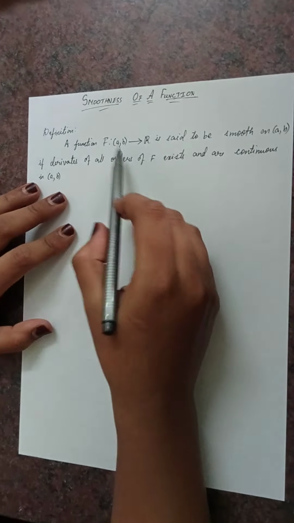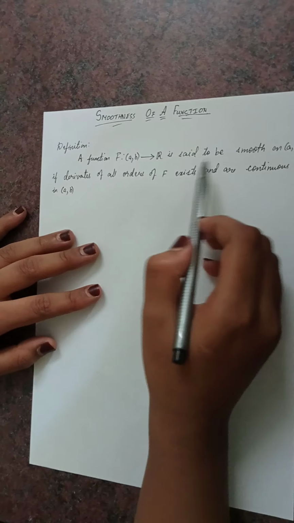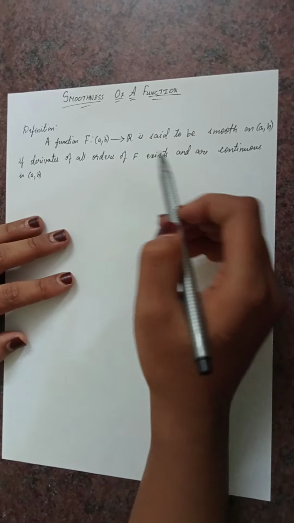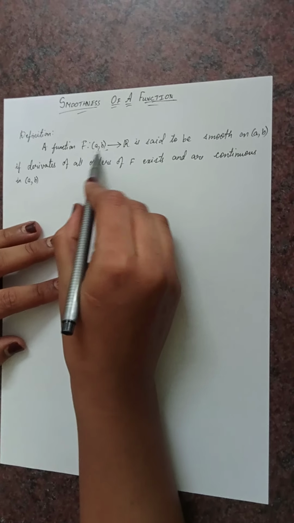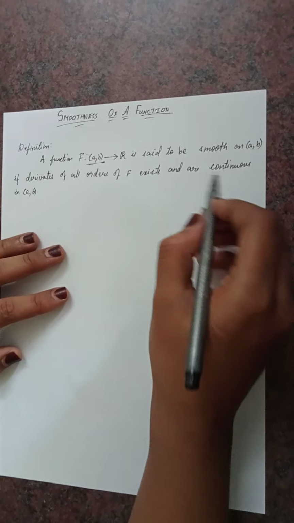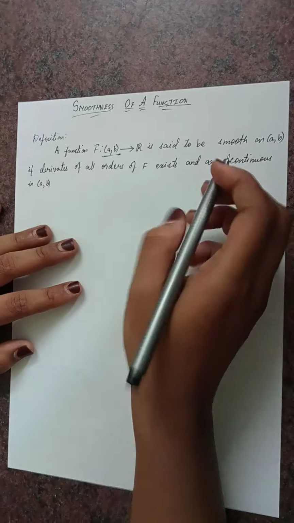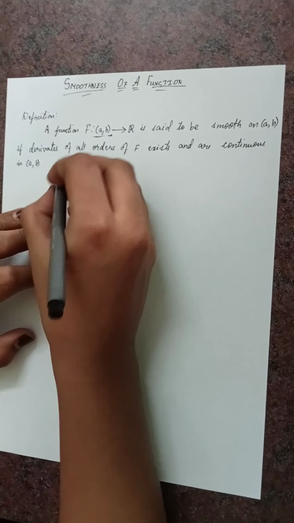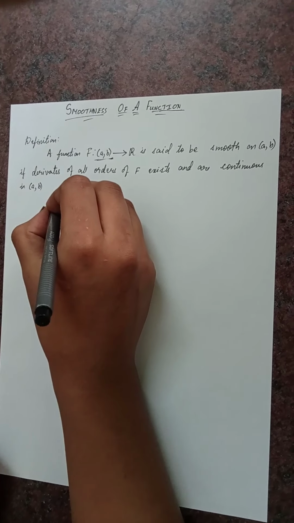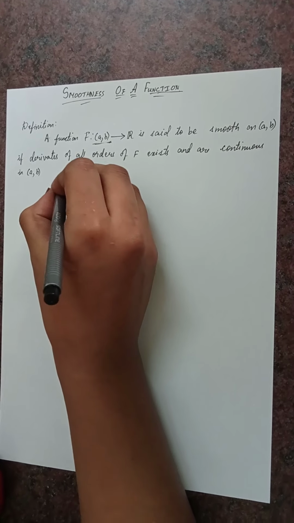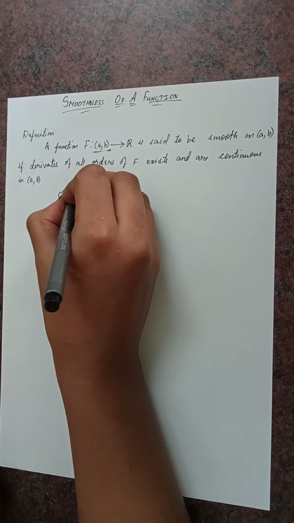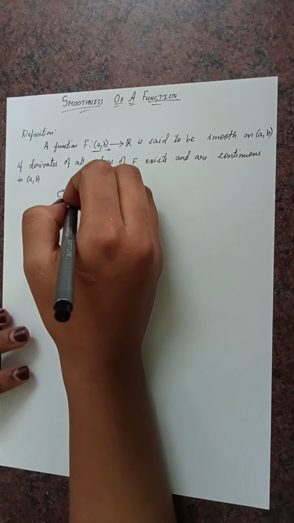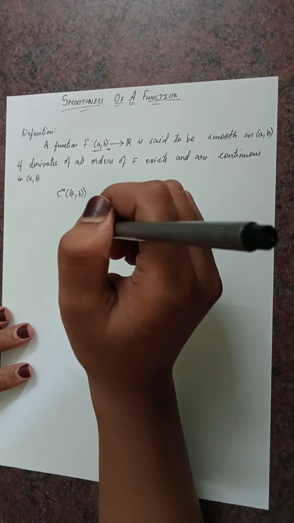So now a function f from a comma b to real numbers is said to be smooth on a comma b if derivatives of all orders of f exist and they are continuous in a comma b, then it is called a smooth function. Now the symbol for smooth function is this, of a comma b. This is the symbol.